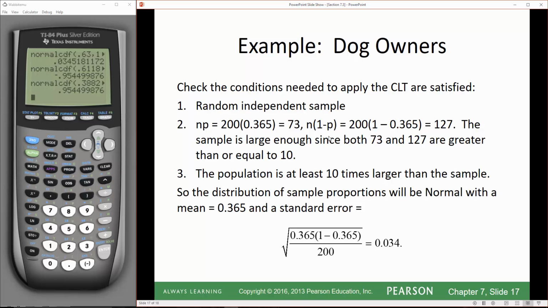I can definitely assume that more than 10 times that will be the population, so we're good there. So we can assume that the distribution of sample proportions will be normal. So we can go ahead and calculate the mean. The mean here would be equal to p, and the standard error is calculated by the following. So there's my standard deviation.